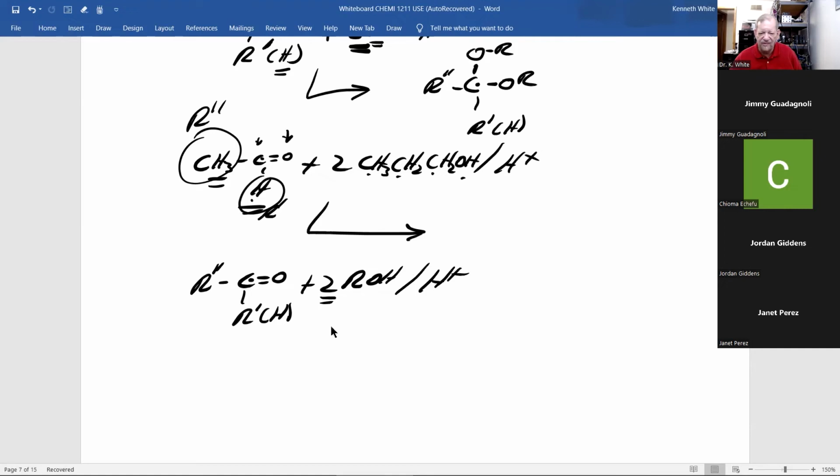acid catalyst. Now notice the hydroxyl group is on the end carbon of that alcohol. And what happens, keep your eye on the carbonyl carbon, what's attached to it, R prime or hydrogen, stays attached. Also R double prime. The 2 tells you there's going to be 2 oxygens on that carbon that was the carbonyl carbon, now is this carbon.